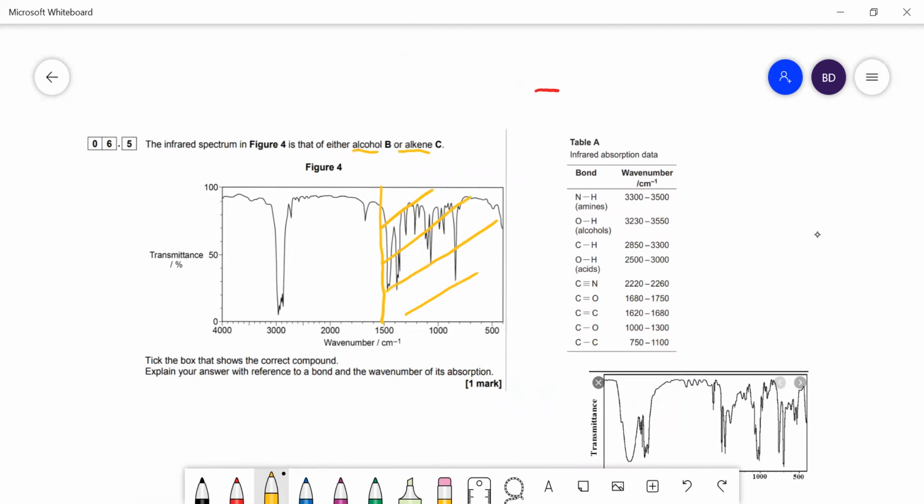If it was an alcohol, you would have an absorption in that region here, which is around about here, and you don't have that. Okay, so it's not an alcohol. Let's confirm. Do you have this absorption for the alkene? You do. You've got that little peak there, and it is quite often quite small and quite shallow, that alkene peak, that one there. So we're pretty sure that that is the alkene. And to me, what is more obvious that makes it the alkene is not the green peak there, but the absence of this peak here.